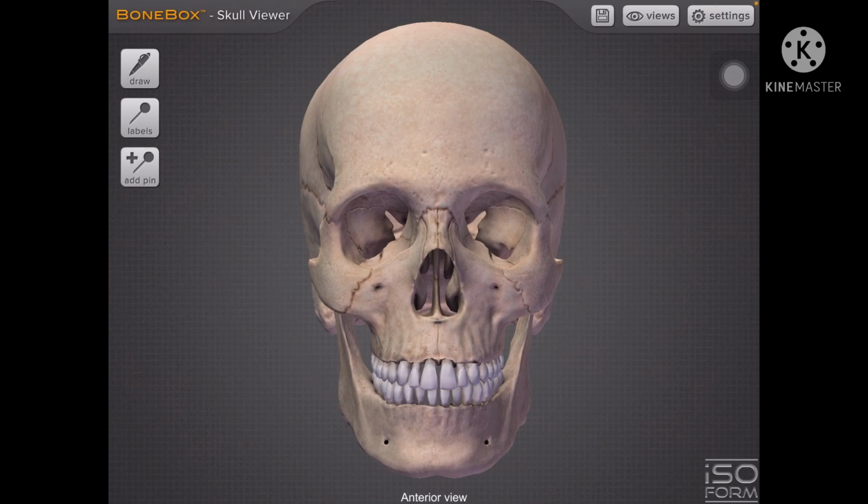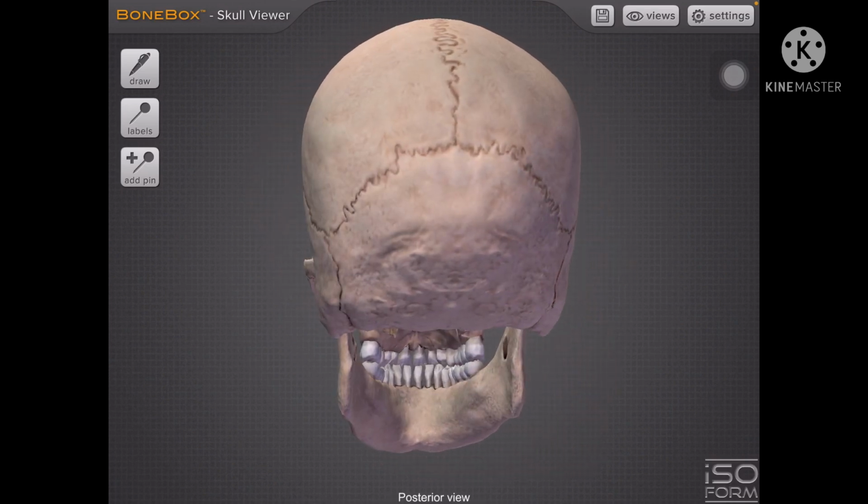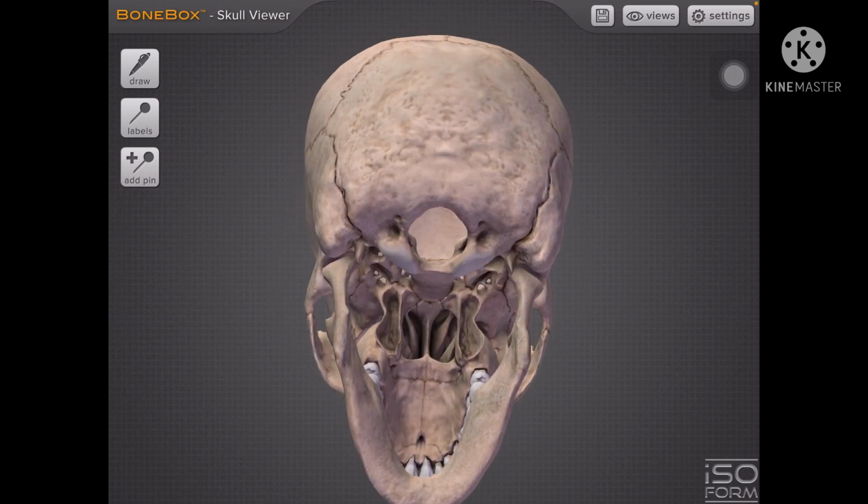There are mainly 5 views for the human skull. They are norma frontalis, the one you are seeing, or anterior view, and next is norma occipitalis. This is the occipital bone, right? So the occipital bone represents norma occipitalis or posterior view, and next is norma basalis.